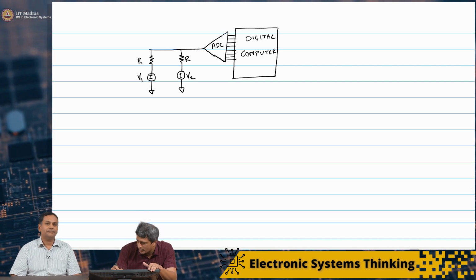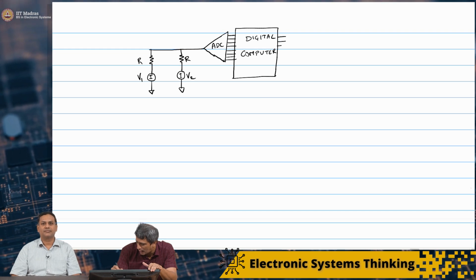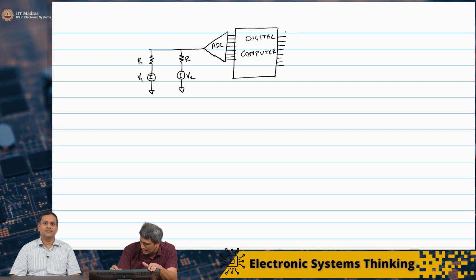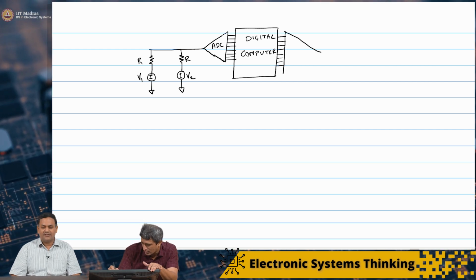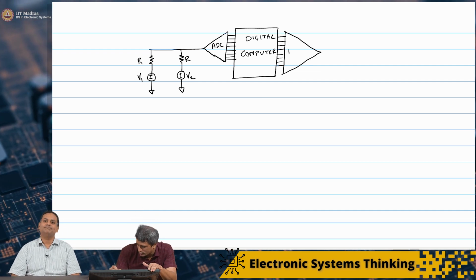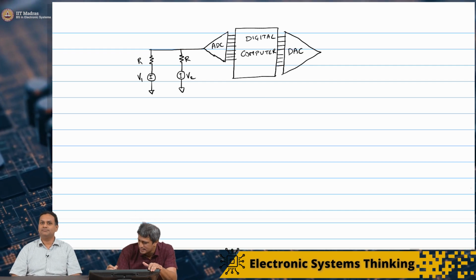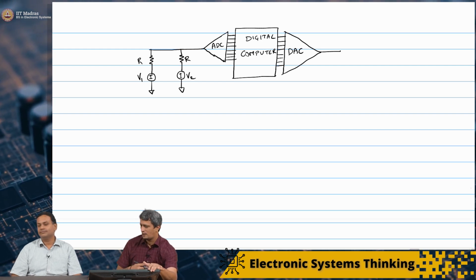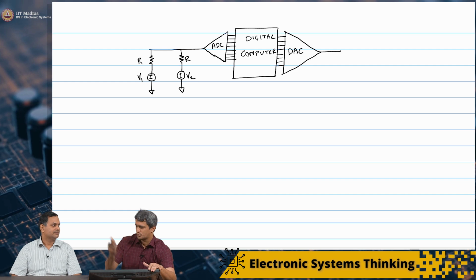If I want to get this data out, another 8 bits, I give it to the 8-bit DAC, the opposite of an analog to digital converter. DAC, digital to analog converter, and maybe I can drive this to a speaker.